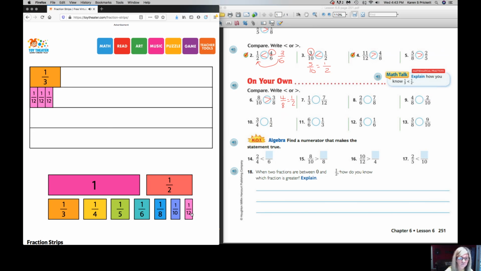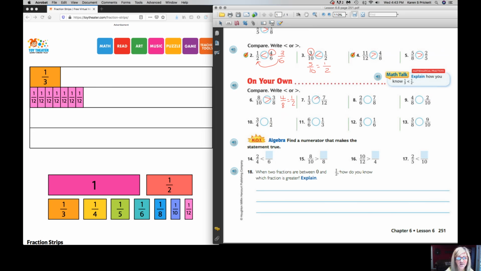Makes 3, 4, 5, 6, 7. Well, I could have stopped right here at 4/12 because then I would know that 4/12 and 1/3 are exactly the same. So 7/12 is definitely going to be larger than 1/3. So 1/3 is less than 7/12.